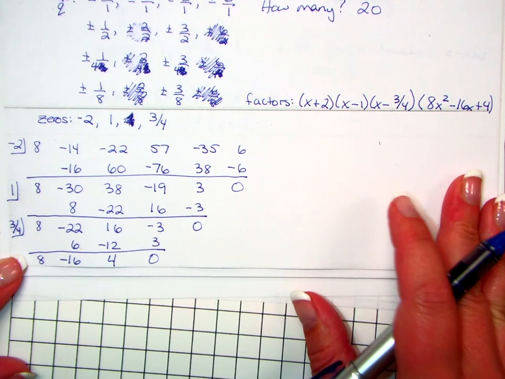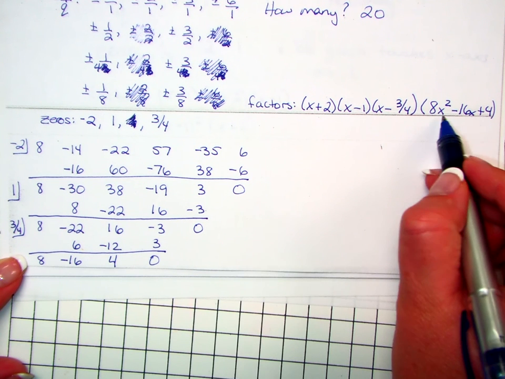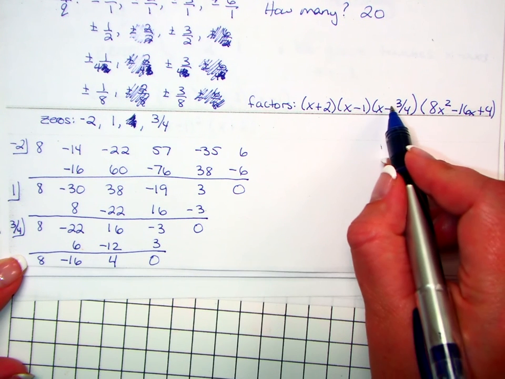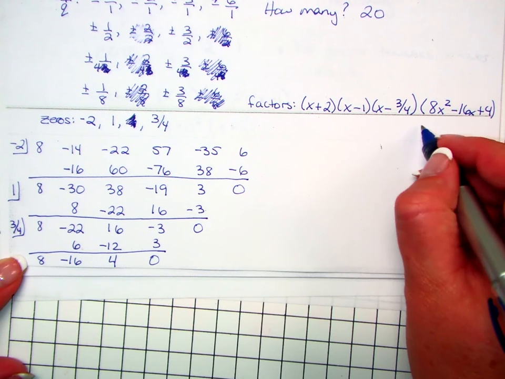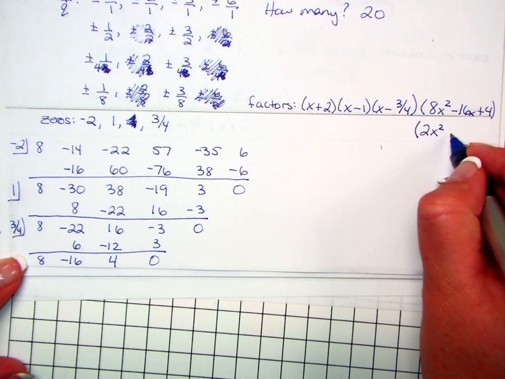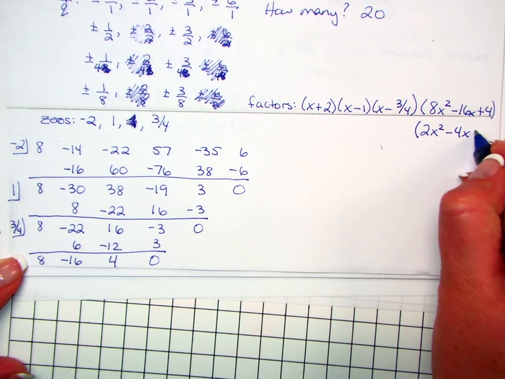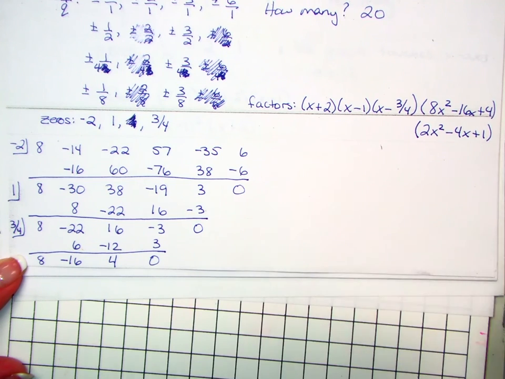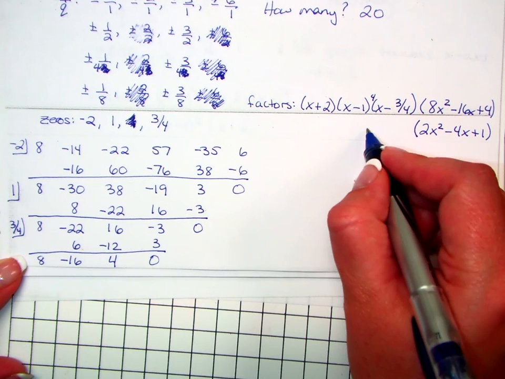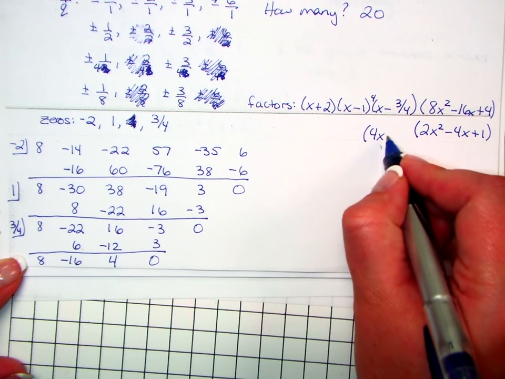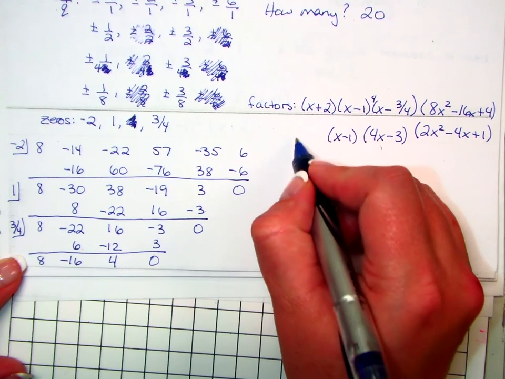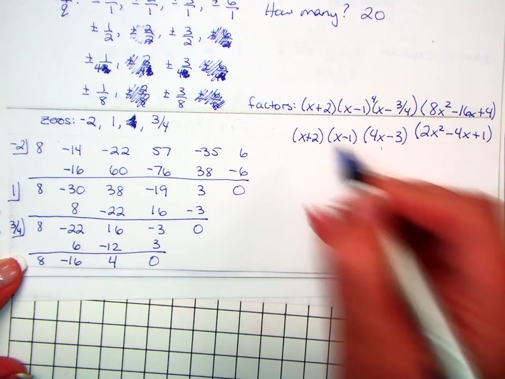Right. So I am going to factor a 4 out, and multiply it times this one. So if I factor a 4 out, I'm left with 2x squared minus 4x plus 1. And that 4 is going to get multiplied times this factor. So this factor is going to become 4x minus 3. Then I have the x minus 1, and then I have the x plus 2.